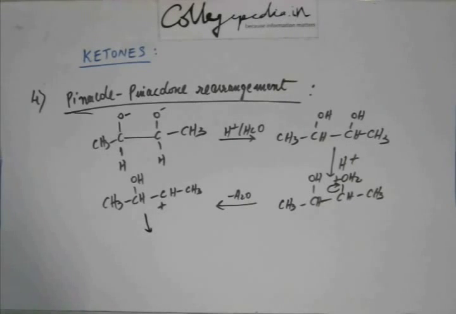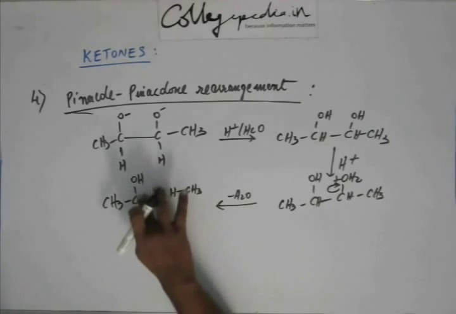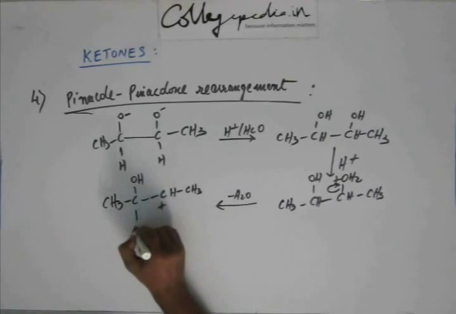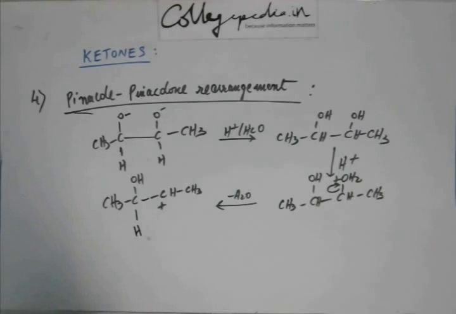Now for migration, a plus charge can be brought by migrating either of the two groups. Now this carbon has one hydrogen like this and one methyl like this. So any one of them can migrate. Now earlier, when we studied hydride shift right in the beginning of the reaction mechanism, we studied a concept like hydride shift, or shift of a group in general.